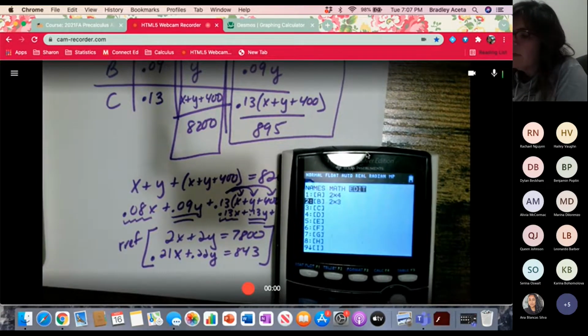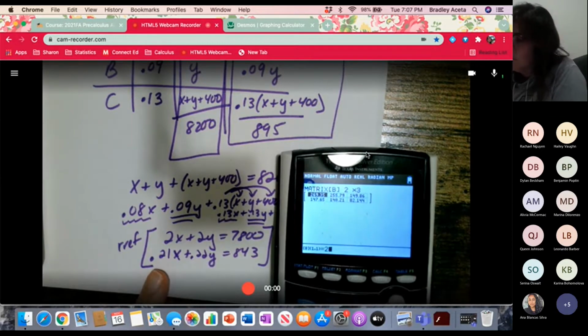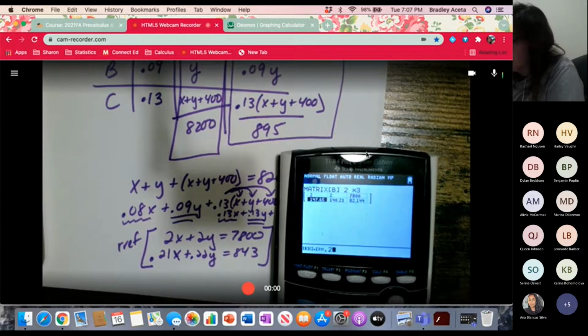I'm actually going to edit B because my B is already a 2 by 3. And I'll keep it 2 by 3. I'm going to change this to a 2, and this to a 2, and this to 7,800. And you can put decimals, 0.21, 0.22, and 843.